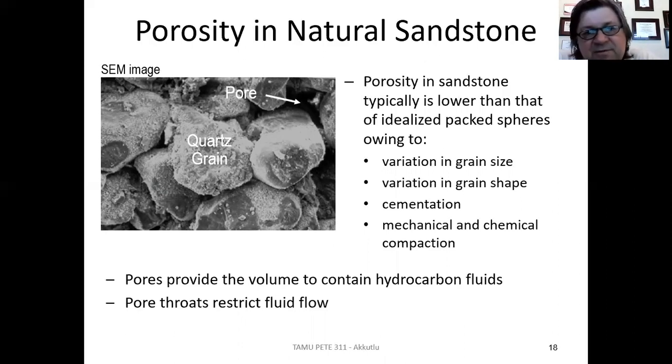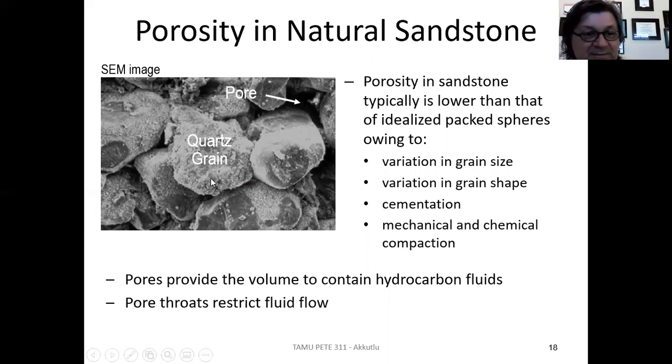So now if you look at here, you can easily see that you have this pore. It looks like a cave, right? And here's another pore, right? So it seems like this pore and that pore are interconnected to each other with this channel, like we call them throats, right?